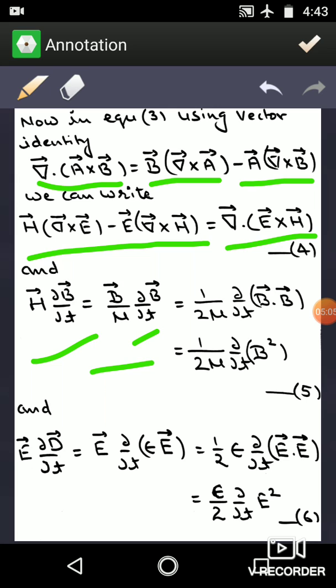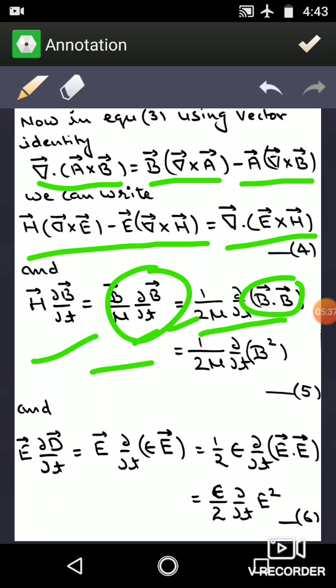This term can be written as 1 upon 2 mu del upon del t of B dot B. If we differentiate B dot B with respect to time, then we get two similar terms, each equivalent to B del B upon del t, and we divide by 2 so that we get B del B upon del t divided by mu naught.